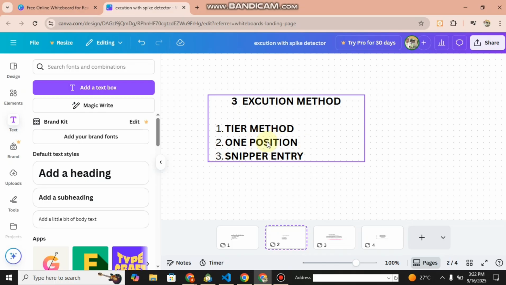The one position method, I'll talk about later once you are more profitable, around lesson 8. Sniper entry is used to enter trades which are almost guaranteed to spike. You risk almost the whole account to put many positions. So I shall be talking about the tier method and how it works.